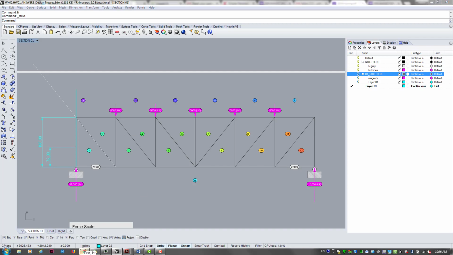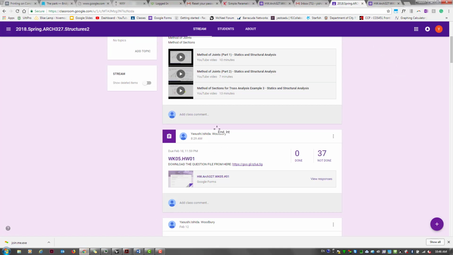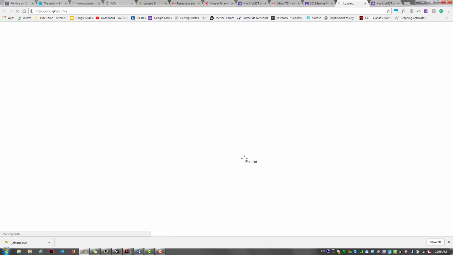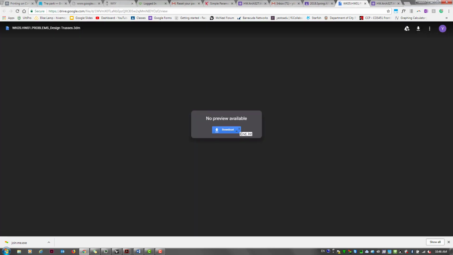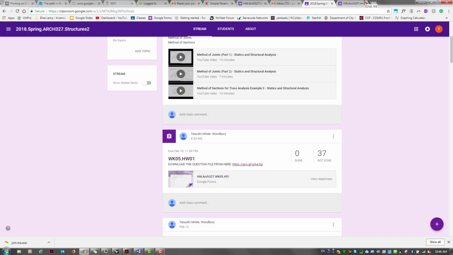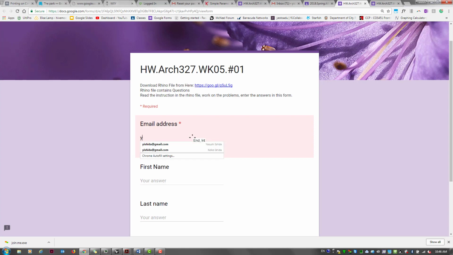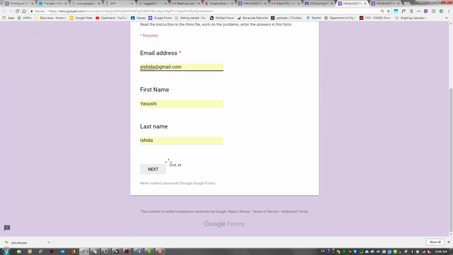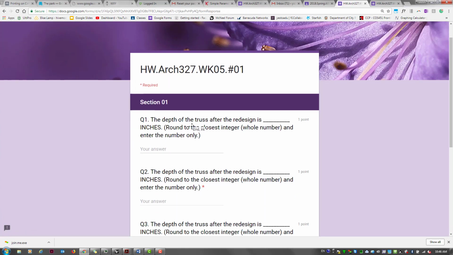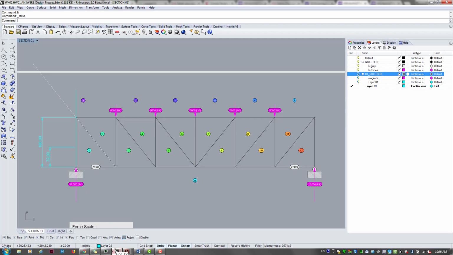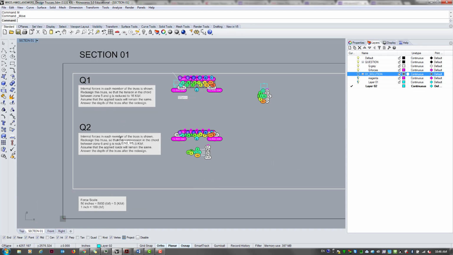So basically that's what's in the homework link, if you went to this form, and after you enter your name, that's what I'm asking basically. So the depth of the truss after the redesign for Q1, and I have Q1, Q2, Q3, Q4.